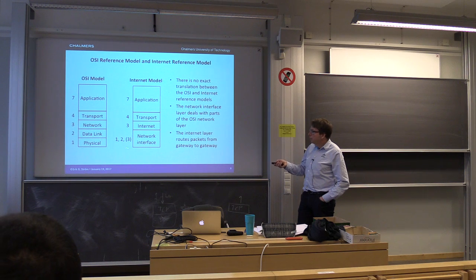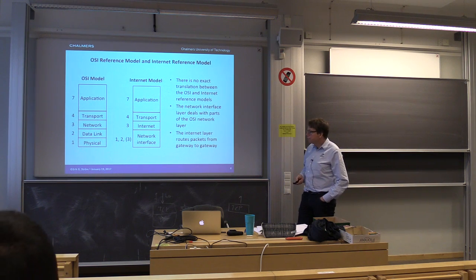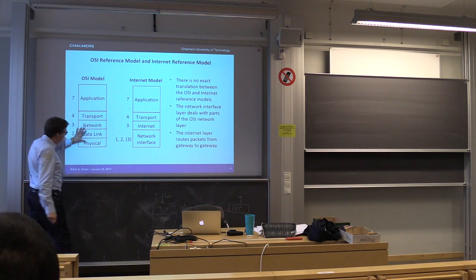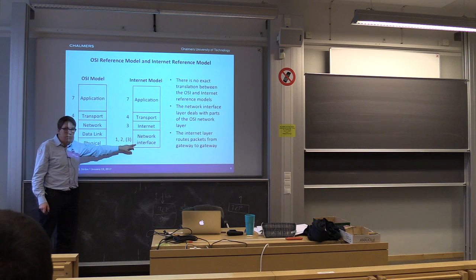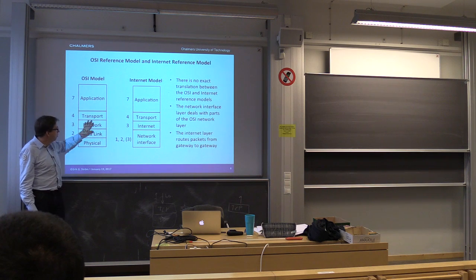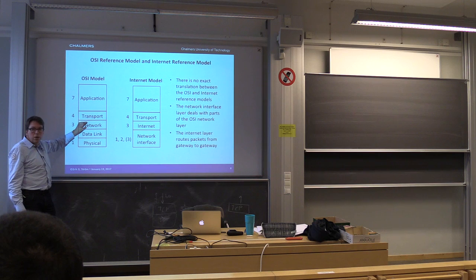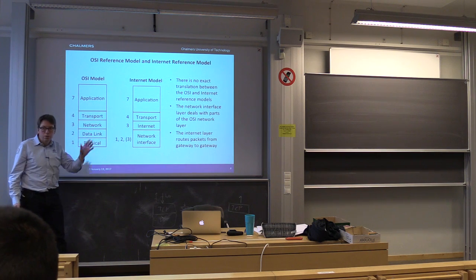At the bottom we have the network interface layer, then the internet layer, the transport layer, and the application layer. If one would translate the OSI layers into this, the network interface layer contains parts of 1 and 2, and then parts of 3. The internet layer is a piece of 3 in the OSI layers, and the application layer is typically the same.